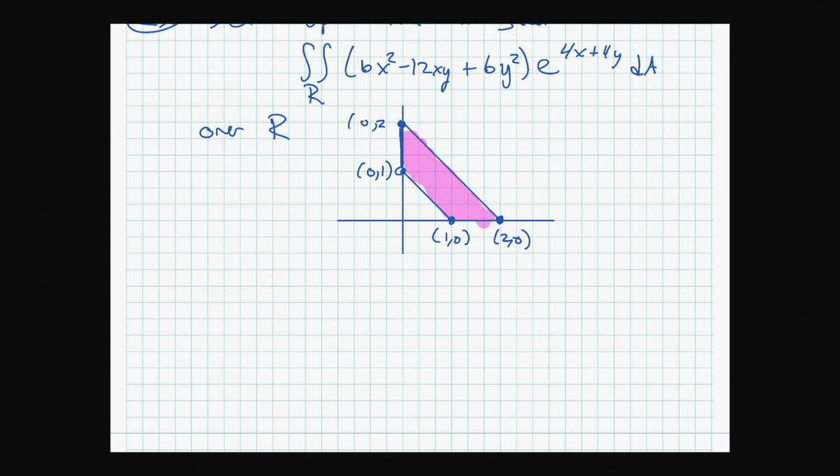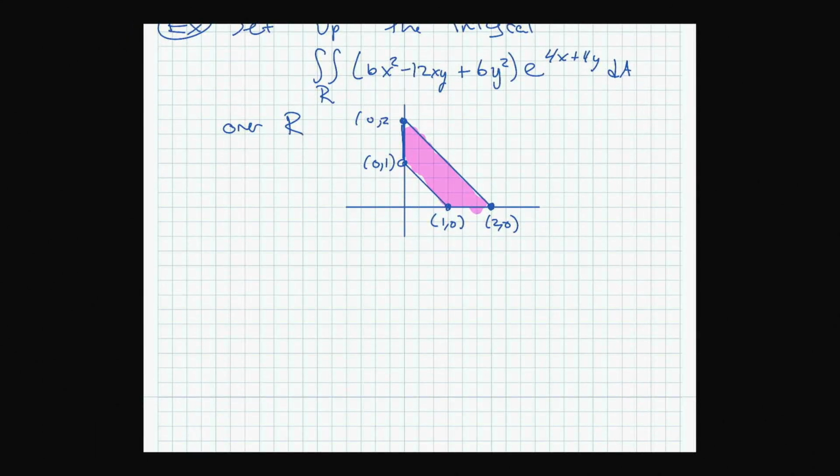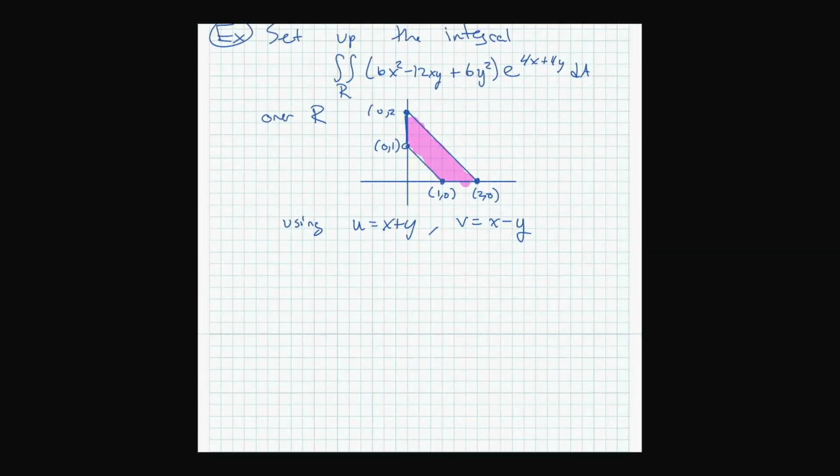All right, so we're going to do this by the book, rather than try to do things out of order. They did give us u equals x plus y, v equals x minus y. So let's just do it by the book.